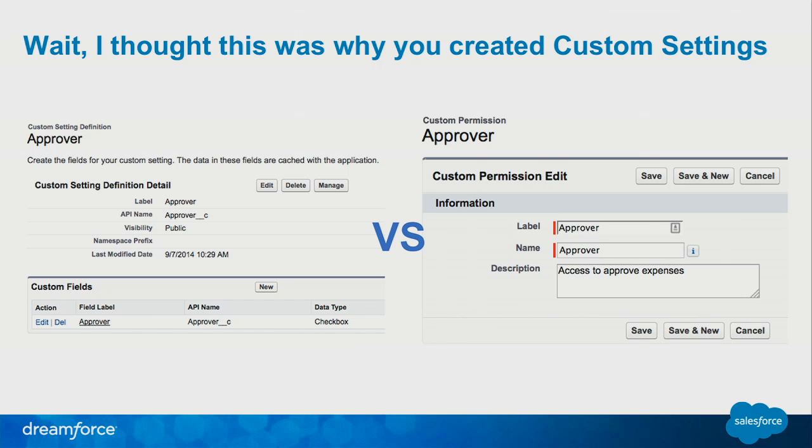We needed to make sure that we could make this very, very easy and very sensical so that we could put it into this container of a profile permission set, right? So you can keep using custom settings, but we hope that after the session, you start to use custom permissions a little bit more.